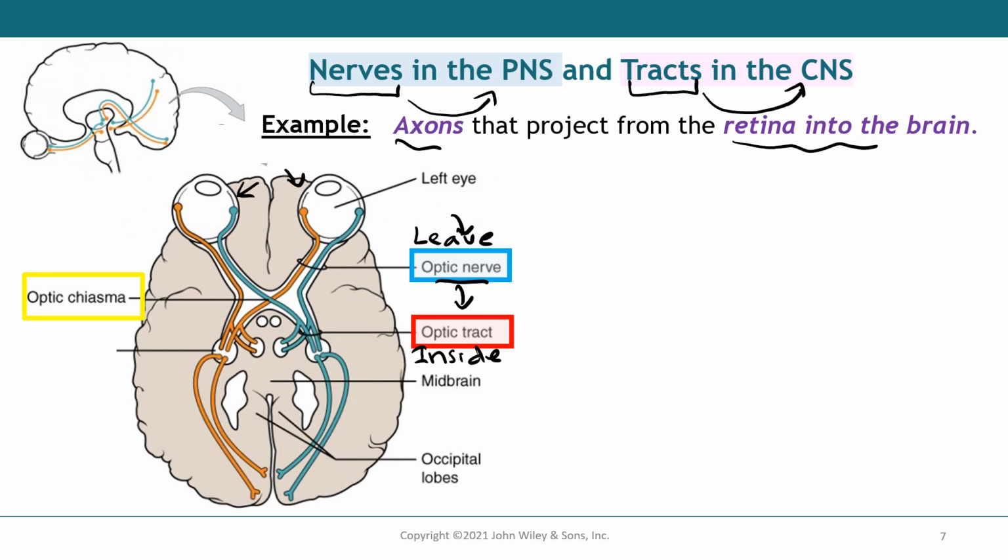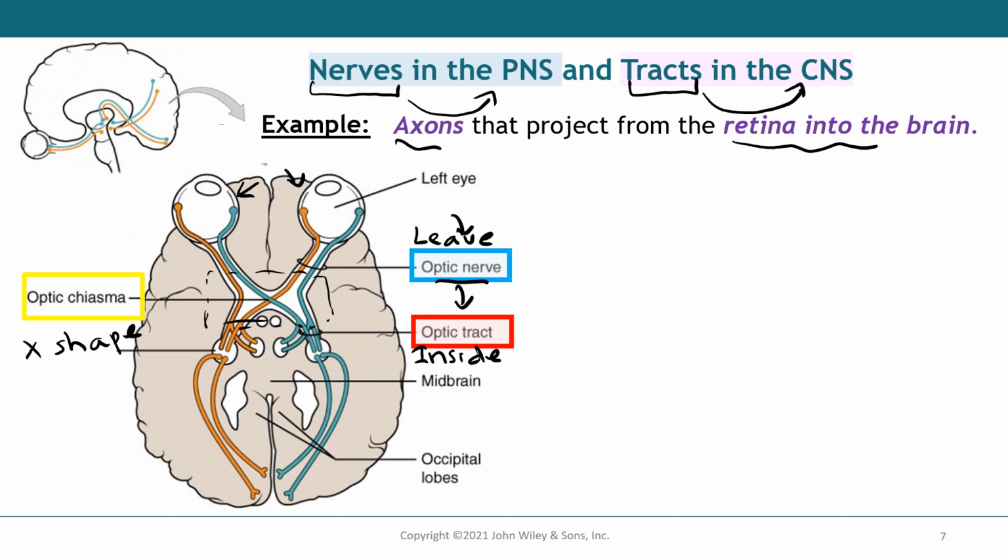In addition to that, here in this area you see an X-shaped structure, and this X-shaped structure is called the optic chiasma, and it is the place where the nerves of both hemispheres cross. It's important, because if there is a disruption in that section, you can be blind or have blurry vision.